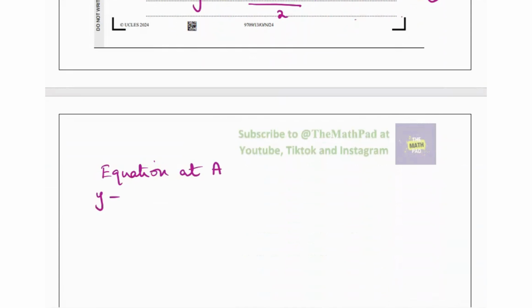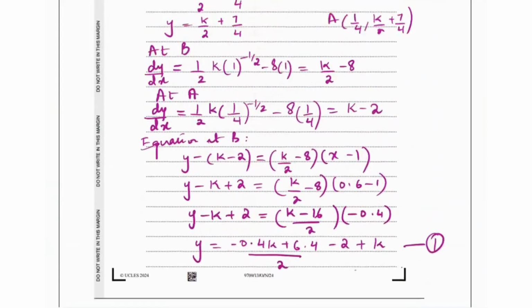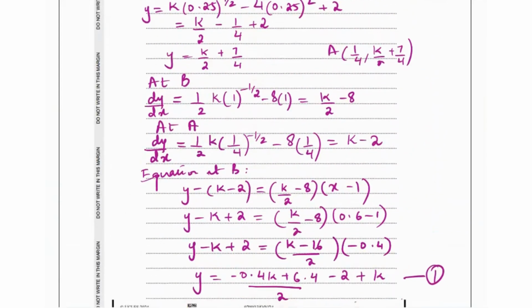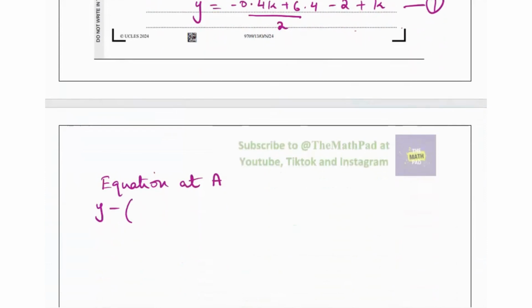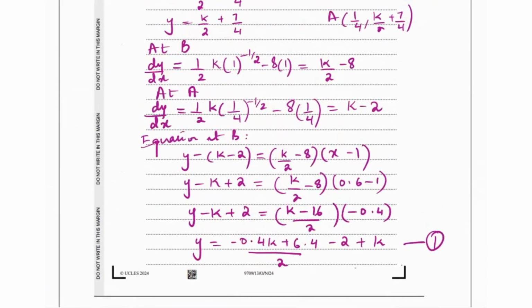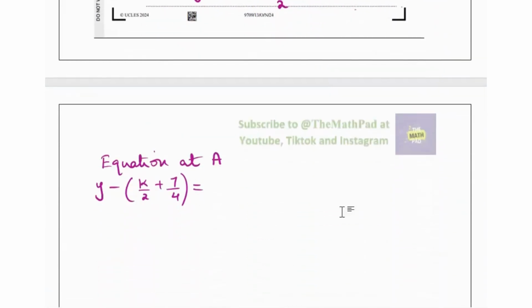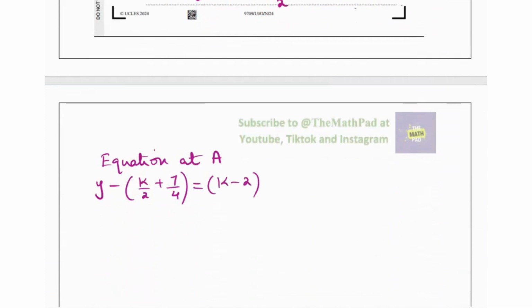So that's y minus the y value, which is k over 2 plus 7 over 4. The gradient is k minus 2, times x minus 1 over 4. Make it a joint fraction.